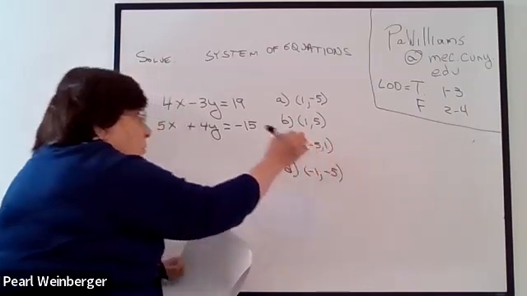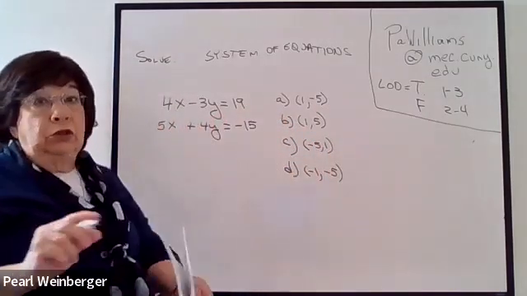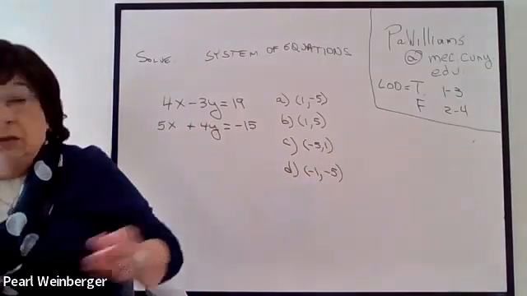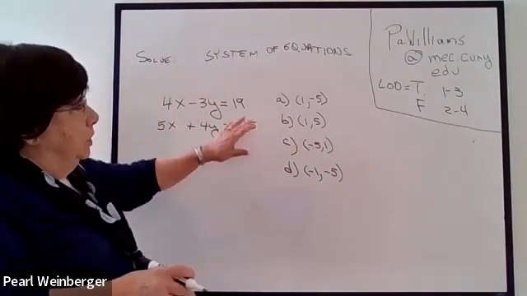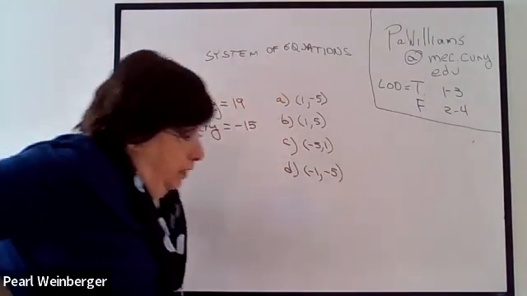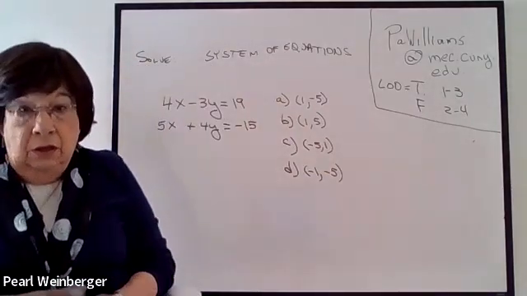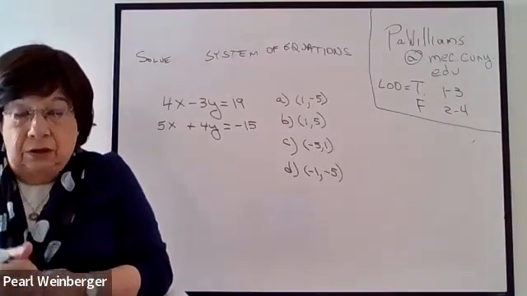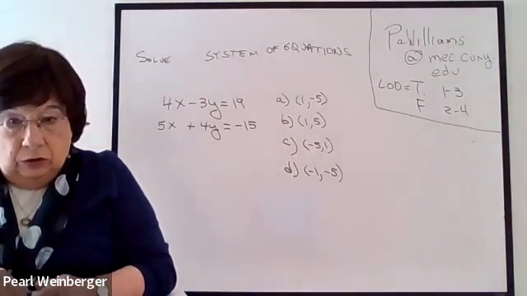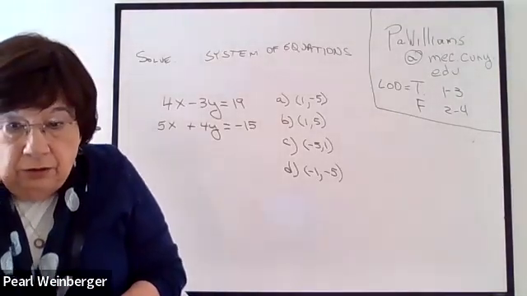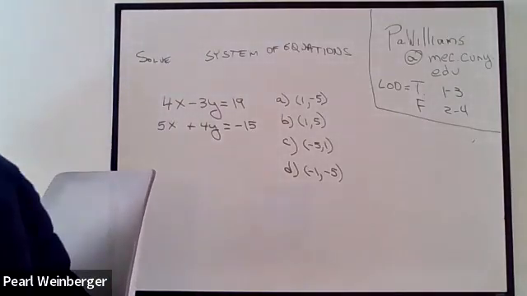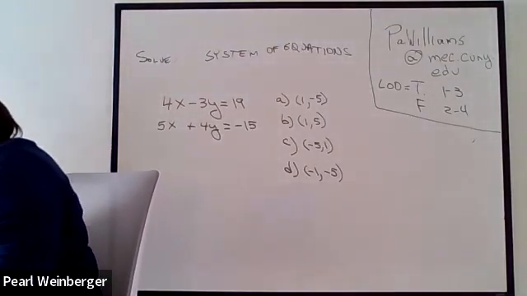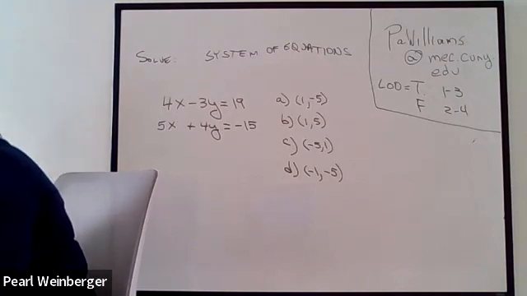This is a multiple choice question. They want you to solve the system of equations and then pick the right answer. Okay, so I'm going to give you about 5 minutes to try this one. And as I said, it came right off the final. That might have been a midterm.